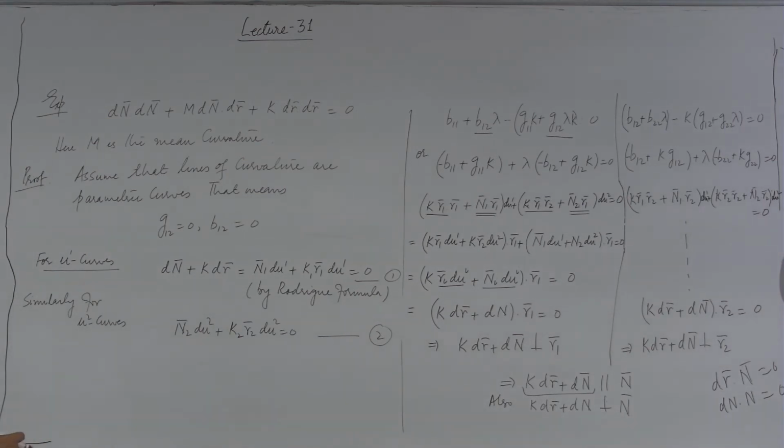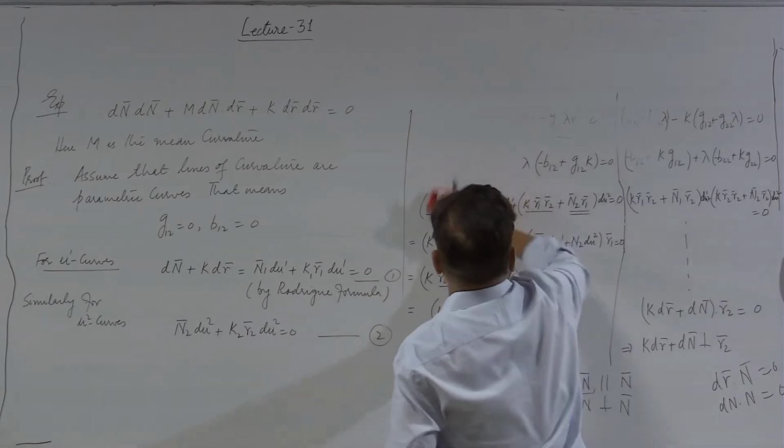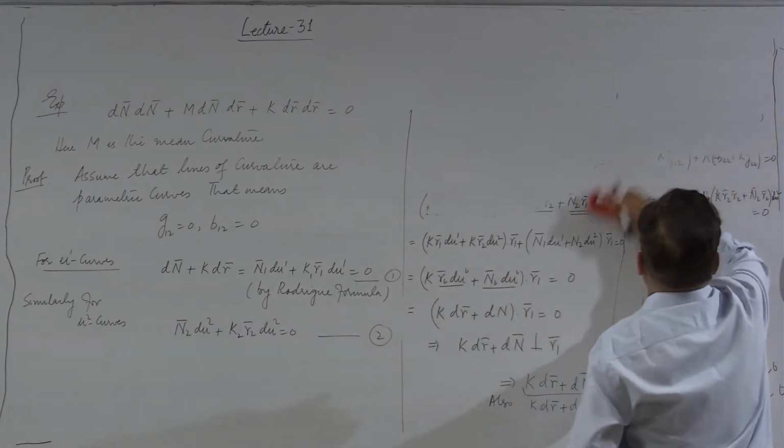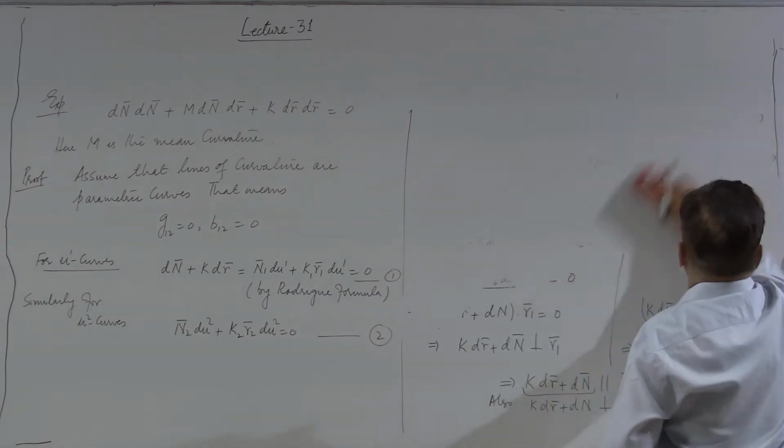Now, dn will be what? The general dn, not along any parametric curves, general dn.